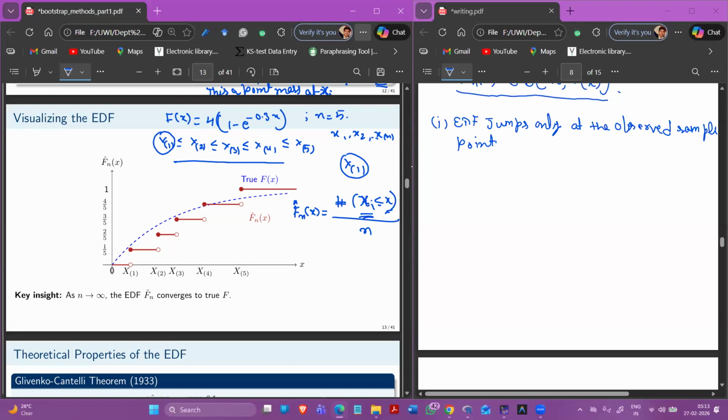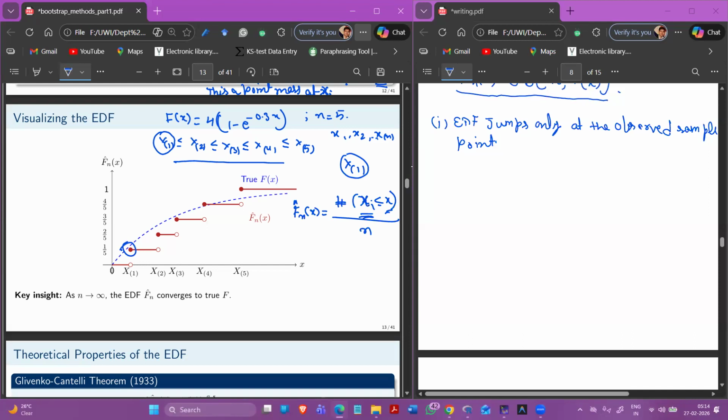If not, it will not move. It will remain here only, right? My empirical CDF will not move further till I get a value of X_i that is less than x. Yes or no? So that's why the empirical distribution function jumps only at the observed sample points.